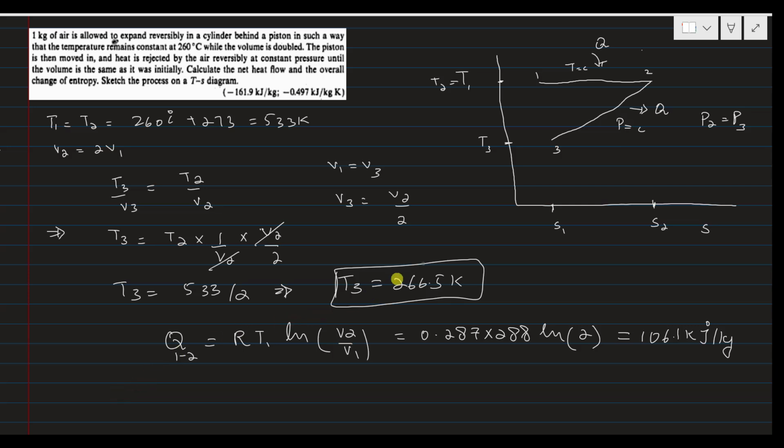Next, the heat rejection taking place from process 2 to 3 is Cp times the change in temperature, that is the final temperature T3 minus the starting temperature T2, which gives minus 268 kilojoule per kg.